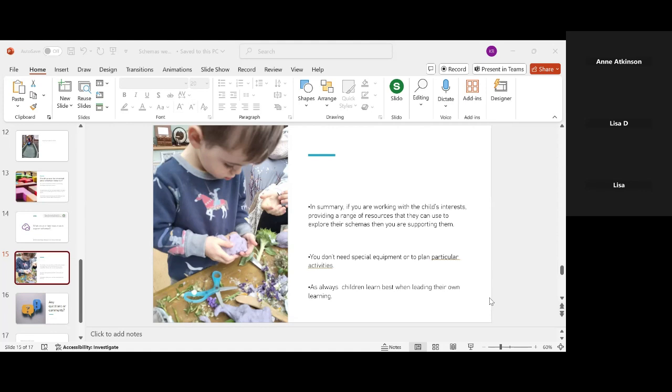Okay, enable that. What can I do to enable it? Oh, I know. I'll make sure we've got herbs. I'll make sure we've got bowls. I'll make sure we've got spoons. I'll make sure we've got jugs. I'll make sure they've got access to some water. I might add some flowers. I might put things in like sieves or something like that, just to mix it up a little. Excuse the pun, mix it up a little bit.